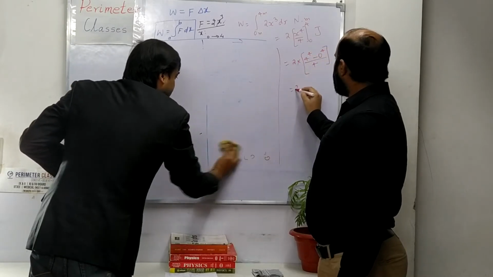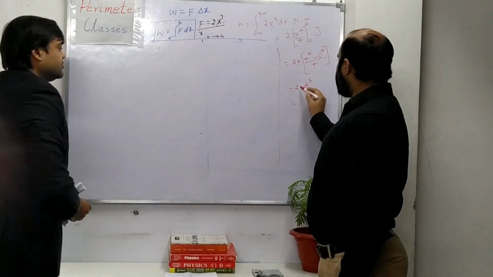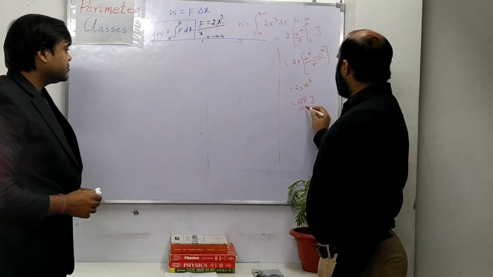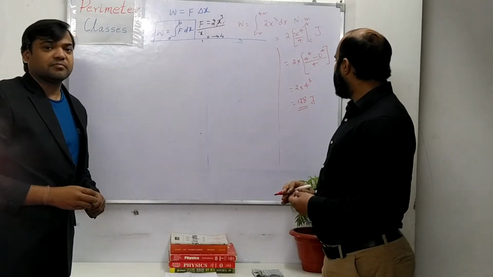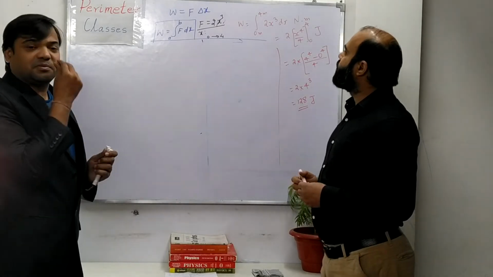So this will become 2 into 4 cube, which is actually 64 into 2, 128 joule. This is the total work done because of this force.